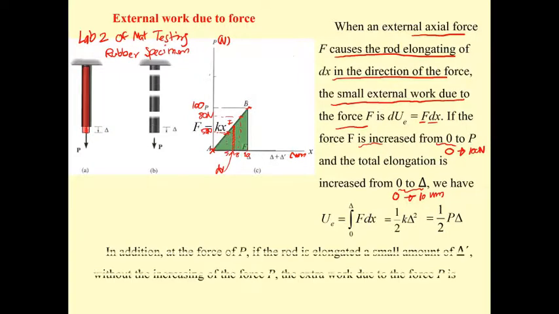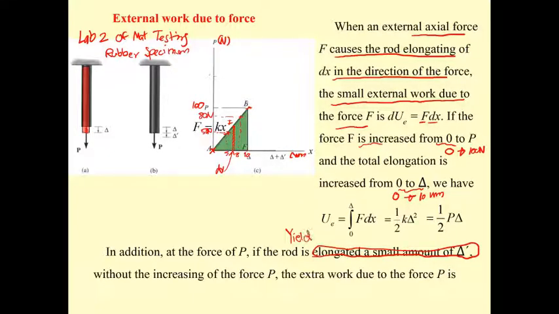However, if there is something that causes the material of this member to elongate by a small amount of delta prime, this is similar to yielding. This is similar to the case of yielding, when the force didn't increase, however the elongation increased.